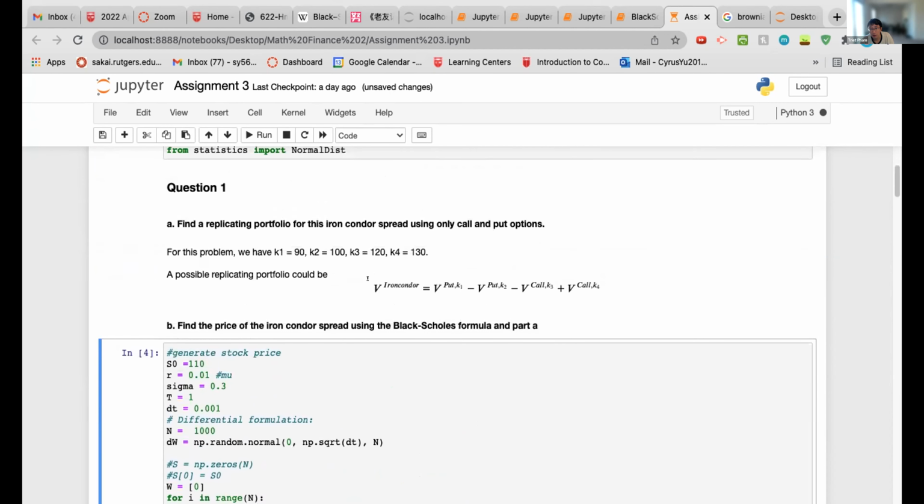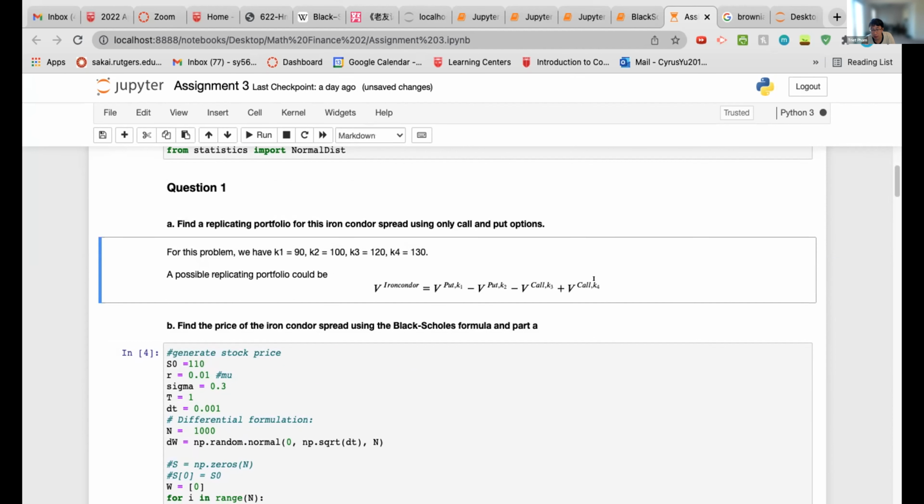What that means is the price of the iron Condor is the price of Black-Scholes put K1 minus the price of Black-Scholes put K2 minus the price of Black-Scholes call K3 plus the price of Black-Scholes call K4. Understand? Yeah, I see.